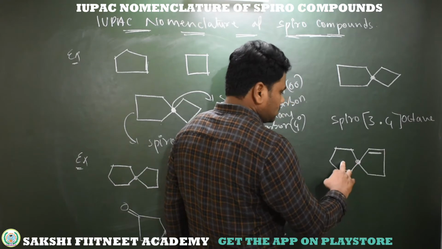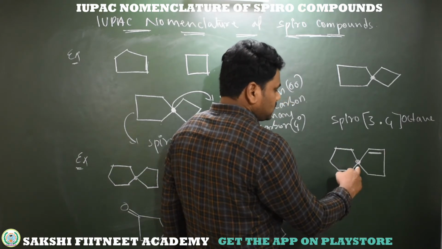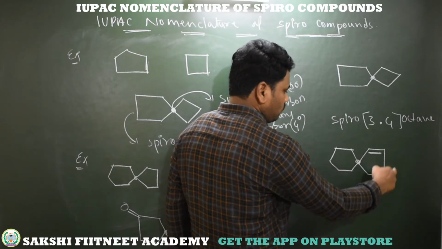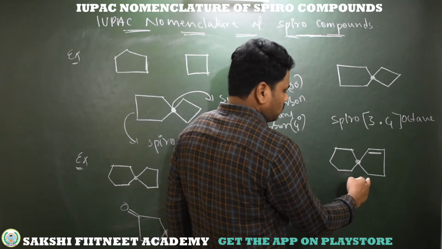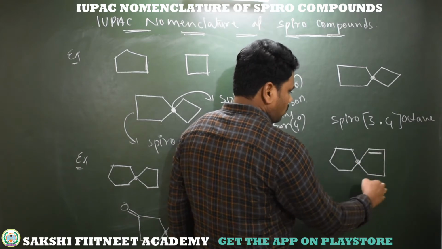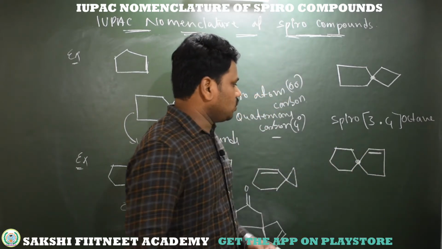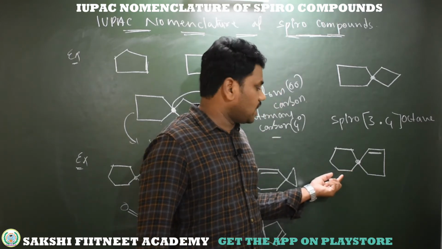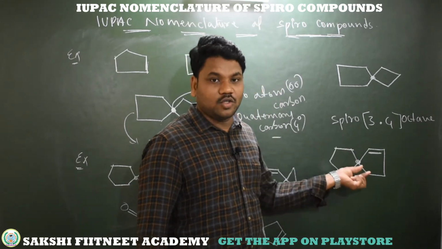See here, this is a cyclohexane; other than this carbon we have 5 carbons. This is cyclopentane; other than this carbon we have 4 carbons. So among these two, this is a small ring and this is a large ring. So you start the numbering from the small ring, then go to the large ring through the common carbon.